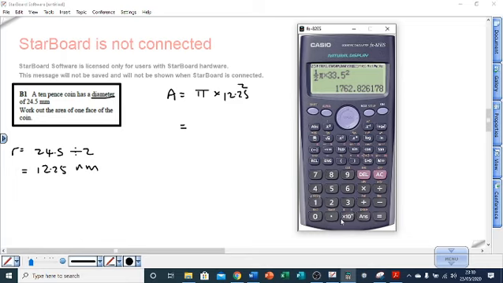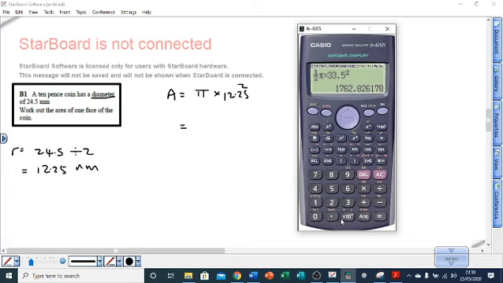So it is 2401 over 16 lots of pi, and it is in millimeters squared because the length was in millimeters. If you've rounded that, we're going to get 471.4 millimeters squared. Okay, and that's the answer for that one.